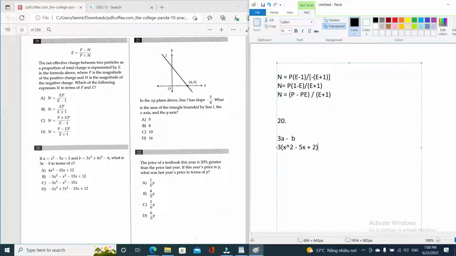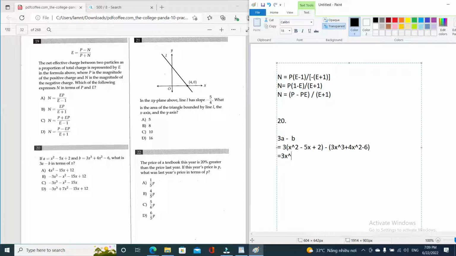Minus B is minus 3x cubed plus 4x squared minus 6.